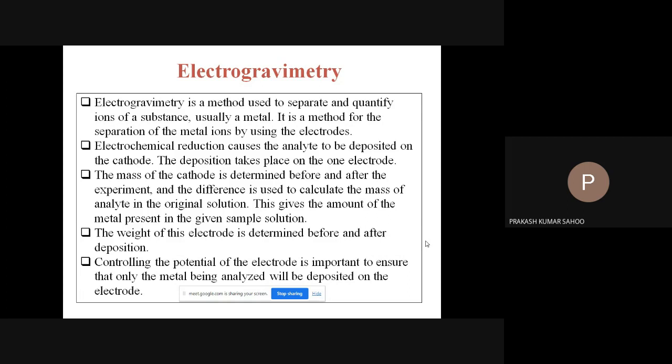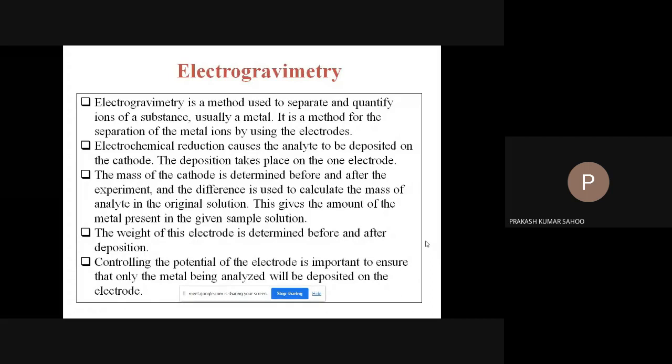So the anode is platinum and the cathode is also platinum, but the electricity supplied is of different potentials to the different electrodes. That is the potential difference between the platinum anode and platinum cathode, generally 6 volts or something like that.